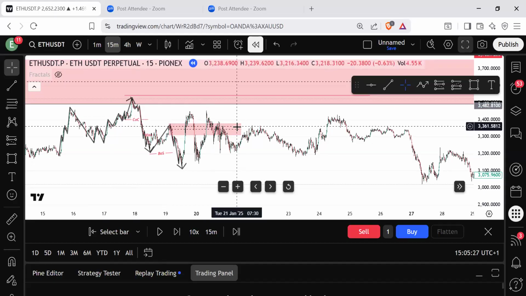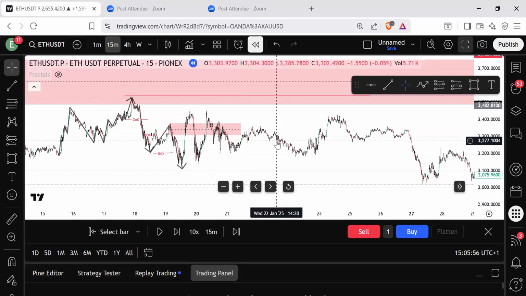With more practice, you will get used to it and see what works best. It is the same thing if you're using weekly and 4 hour or daily, or 15 minutes and 1 minute.